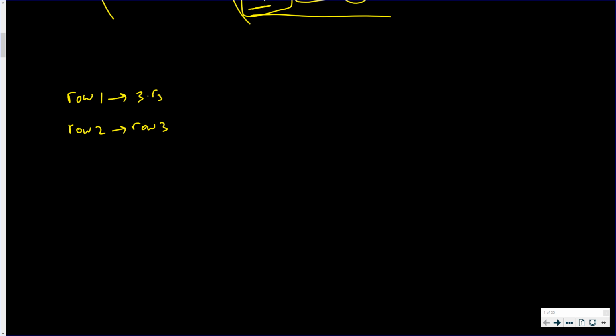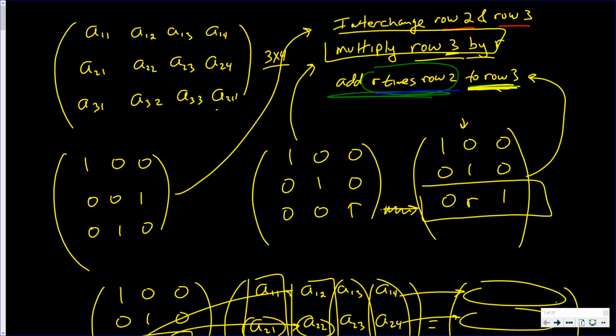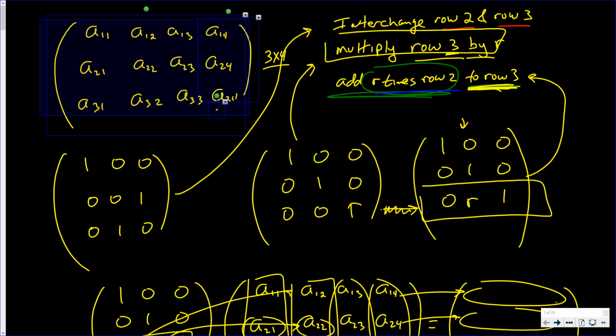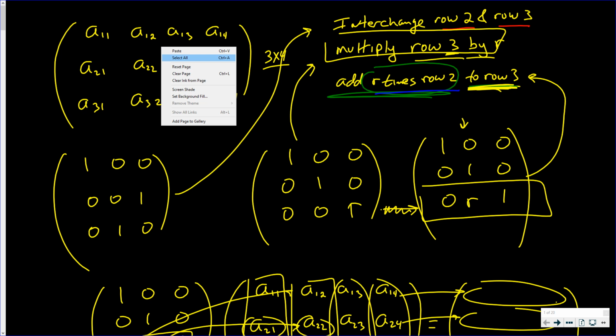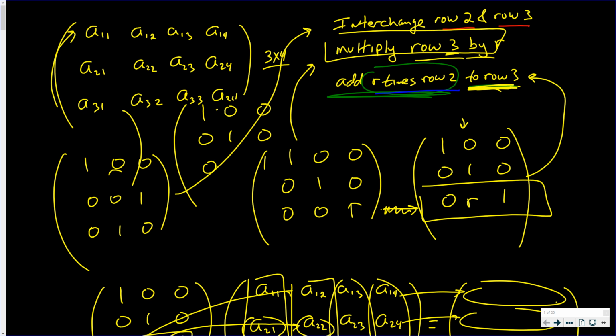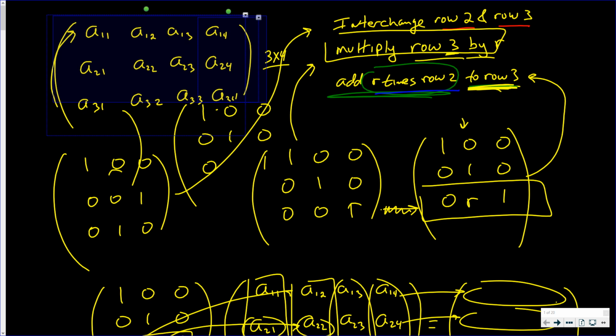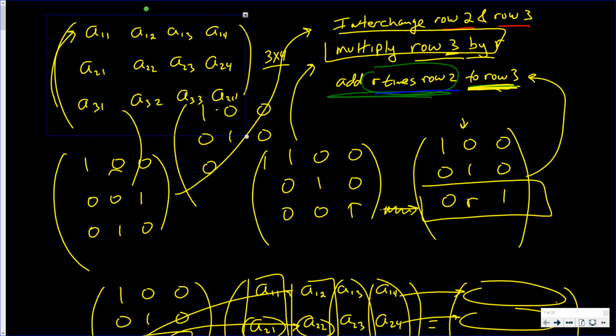Yep, I knew that was going to happen. So we have our beginning matrix. This one right here. Let's try this one last time.